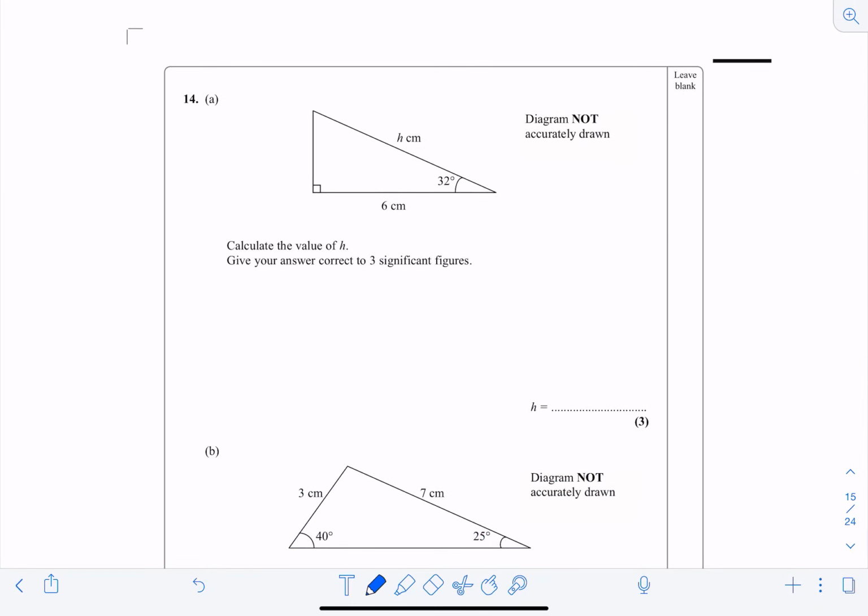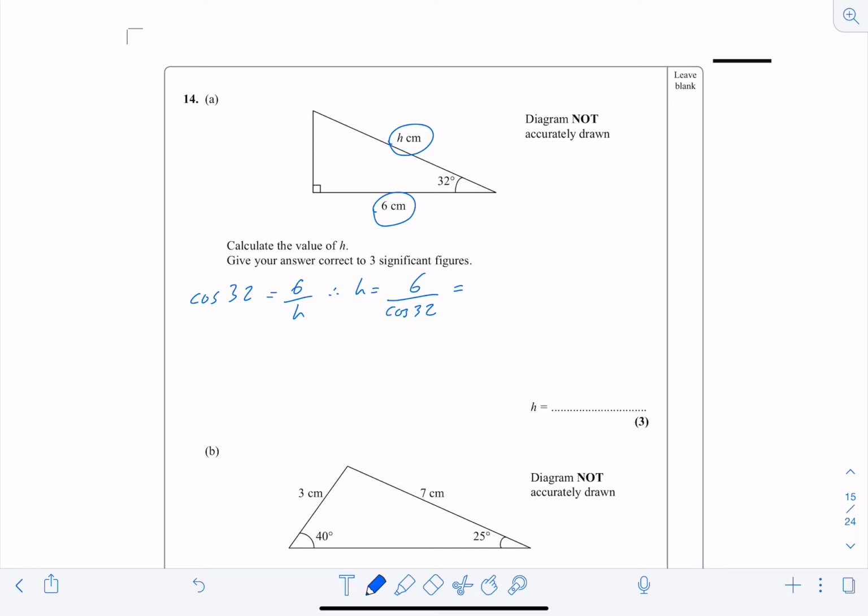Question 14. Looks like a bit of trigonometry to me. SOHCAHTOA, silly old hens can't always have tons of acorns. So I'm going to use cosine. Cosine of 32 equals 6 over h. So h equals 6 over cosine 32, and just multiply both sides by h, and then divide both sides by cosine 32.